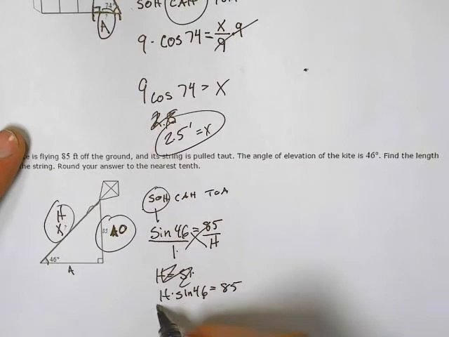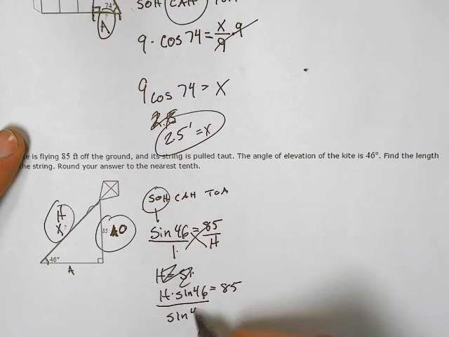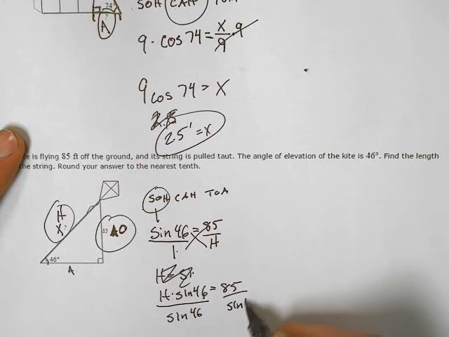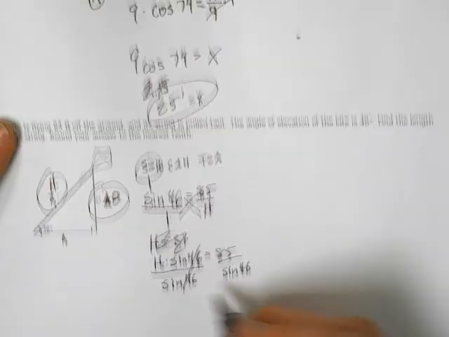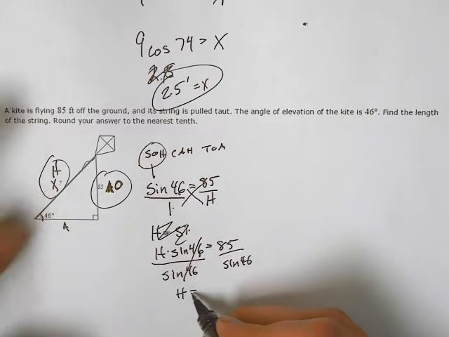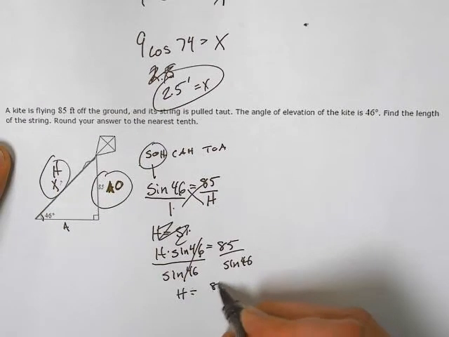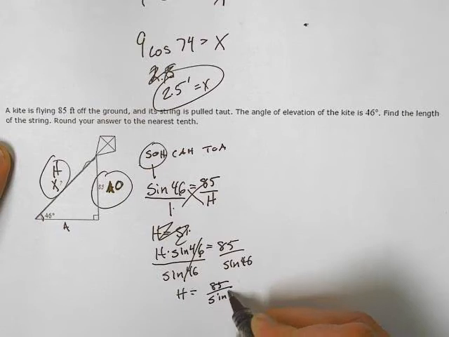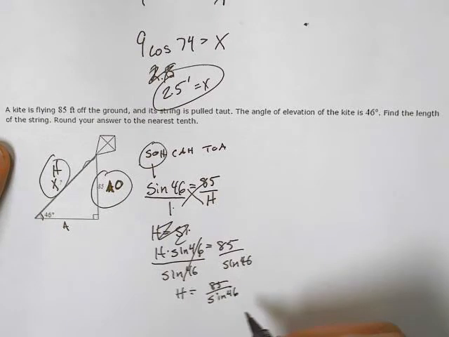Then I'd have to divide everything by the sine of 46 to get H alone. So the length of the string H is 85 over the sine of 46.